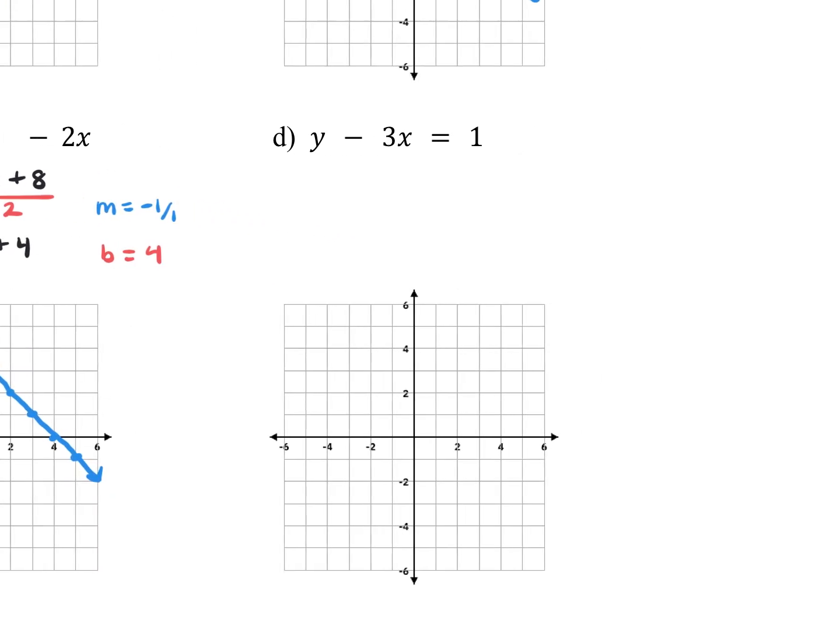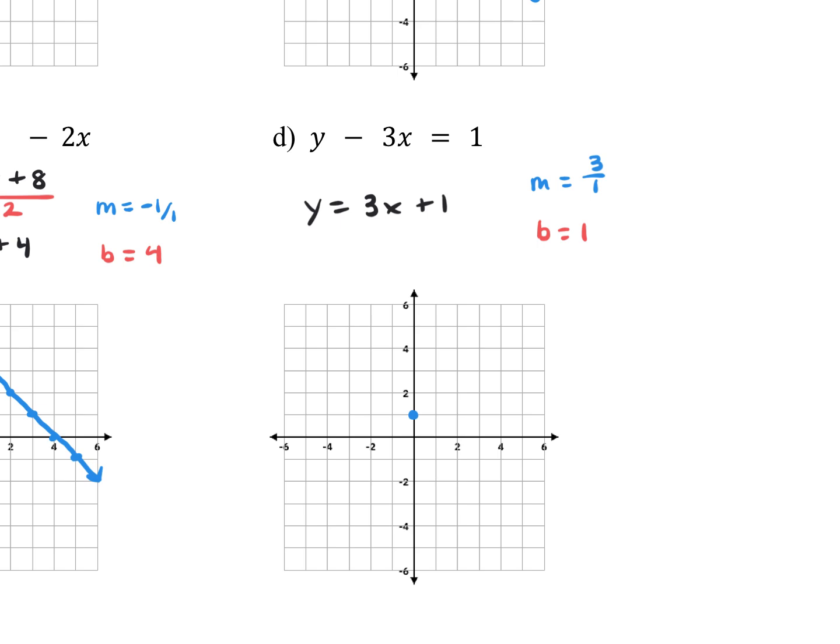And this last one here, I'm going to rewrite this in slope-intercept form before we graph. I'm going to add 3x to both sides to isolate the y value, and then I'm ready to graph. My slope is 3, or you could write it as 3 over 1. My y-intercept is positive 1. So start with the y-intercept.